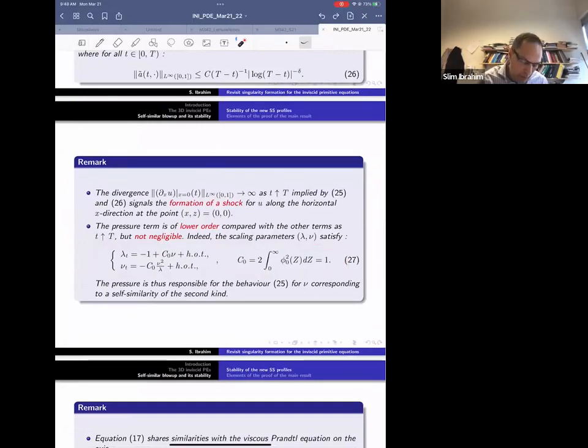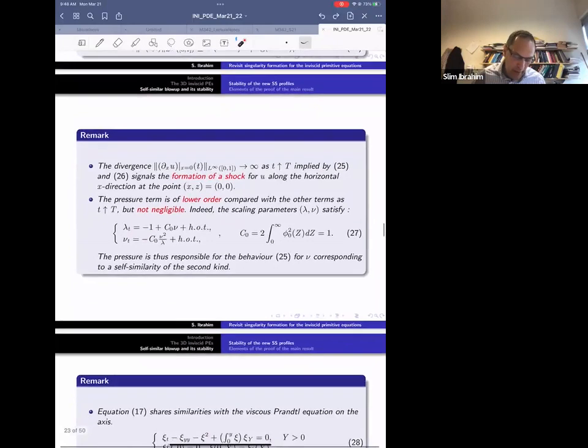The dynamics of these scaling parameters look like this. Lambda_t, the time derivative, is -1 plus some constant that depends on the pressure, times nu. So lambda is basically T minus t, and then nu, because of this pressure term, has this log law.